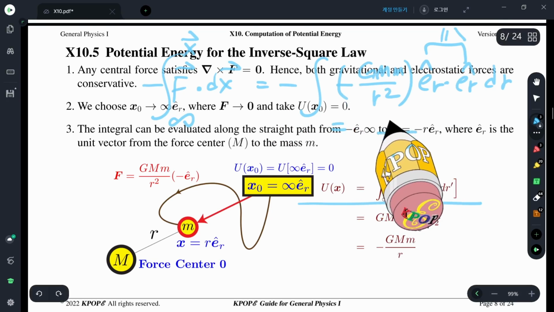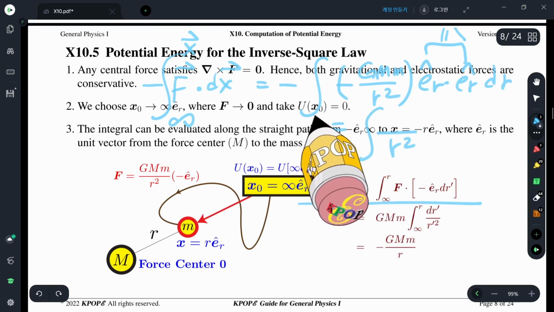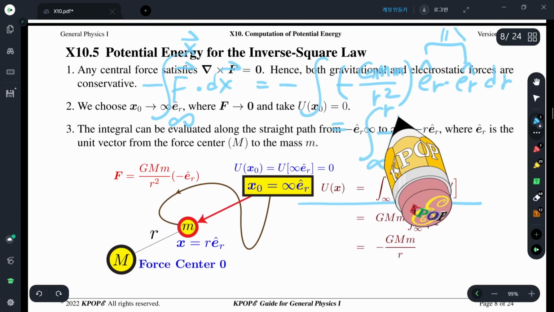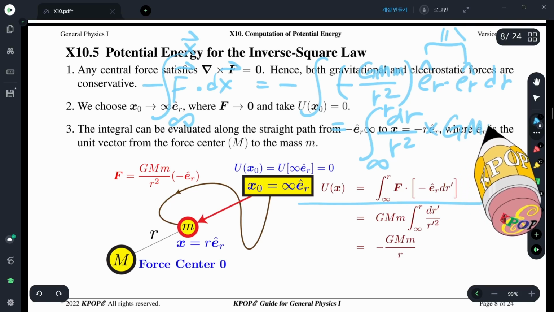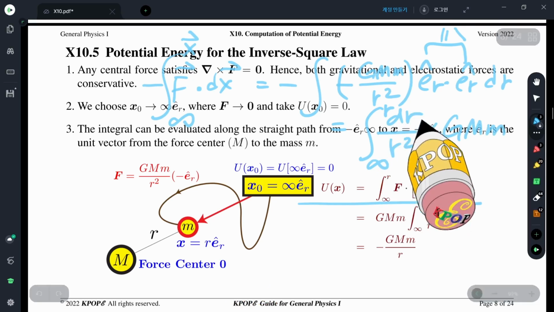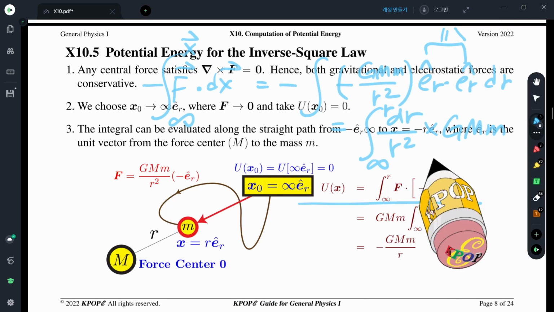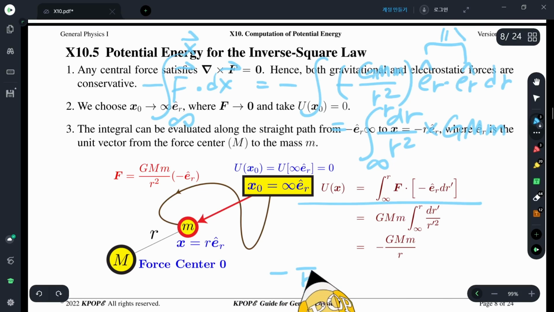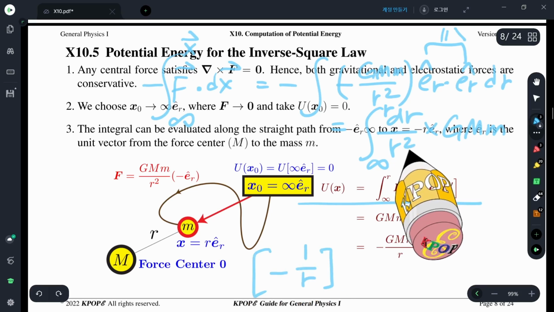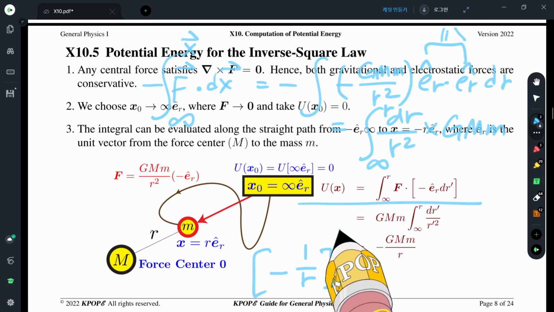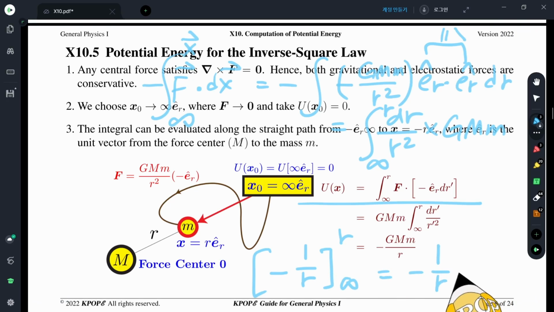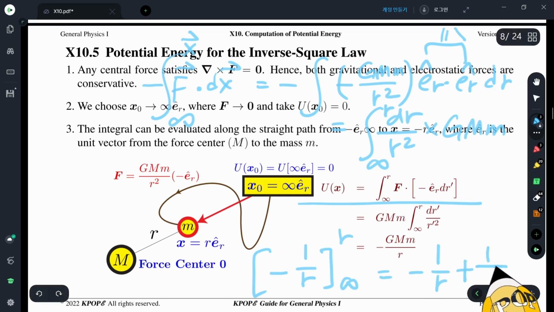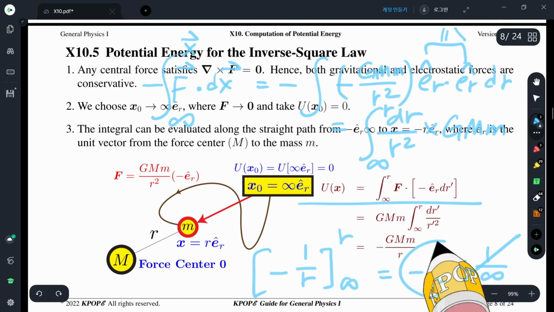So GMm times the integral from infinity to r of 1 over r squared is the answer. We know the indefinite integral of this is minus 1 over r. Substituting r gives minus 1 over r, and subtracting the value at infinity, plus 1 over infinity, is vanishing.